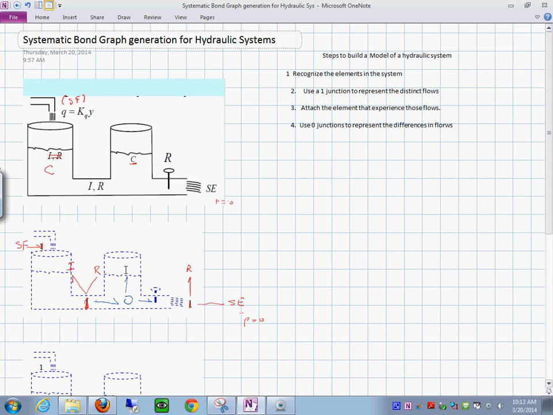Okay. And in here you are going to have the other element, this C, which would be the tank. And the difference in here between this flow and this one is going to be the difference between those two.